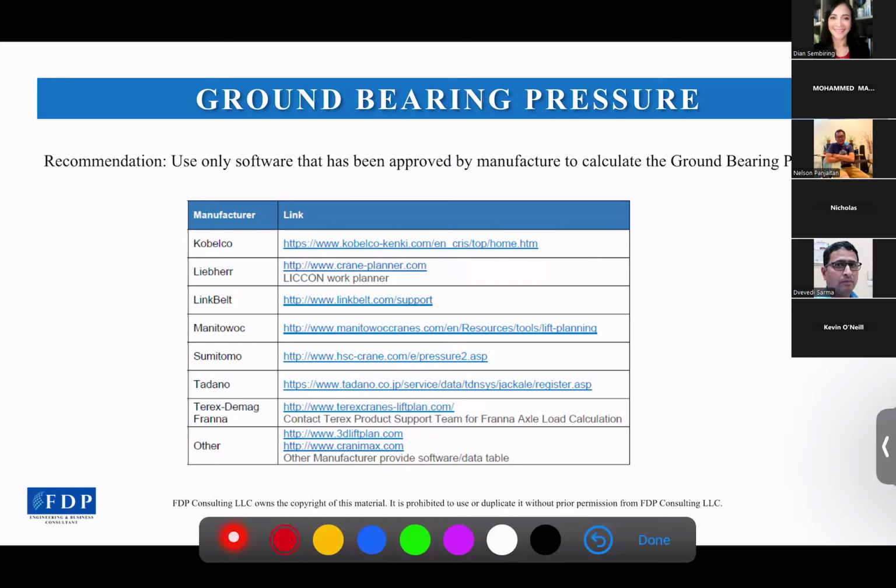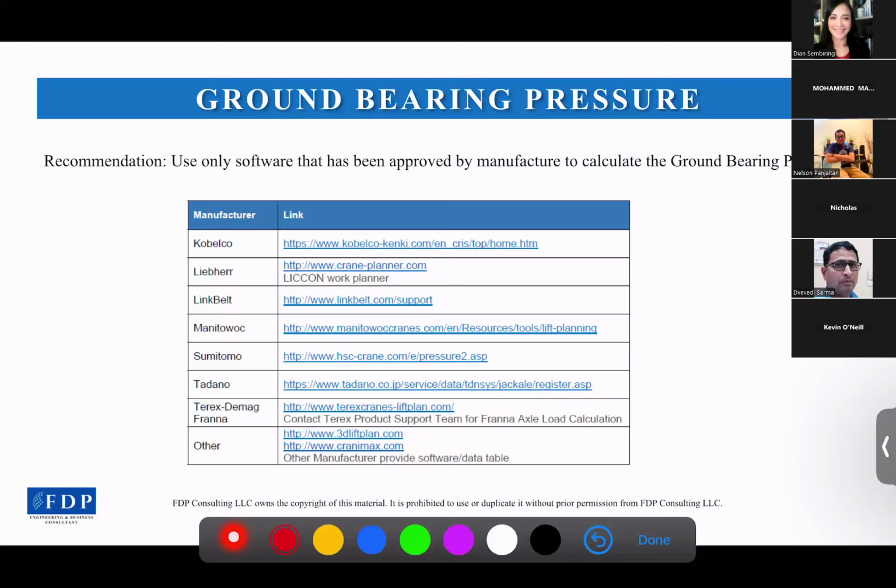So for your own safety, I recommend you follow the manufacturer's ground bearing calculation. What we want to share here about ground bearing pressure is the basics of how these things work, so that when you get into the software, it will be easier for you to understand and avoid input errors, which could lead you to a better result.